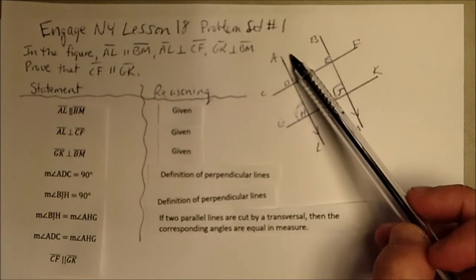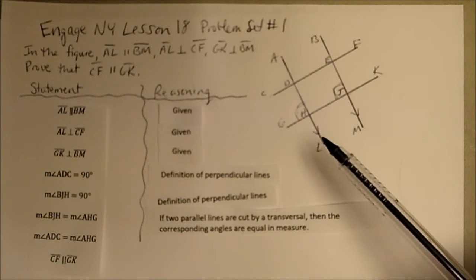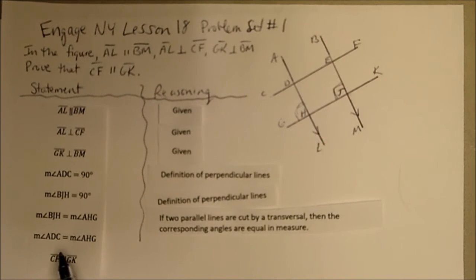Now, here it says that the measure of angle ADC is equal to the measure of AHG. We know that ADC up here is 90 degrees. We also know that the measure of AHG is going to be 90 degrees. How do we know that? Well, AHG is equal to BJH, and BJH is equal to 90 degrees.